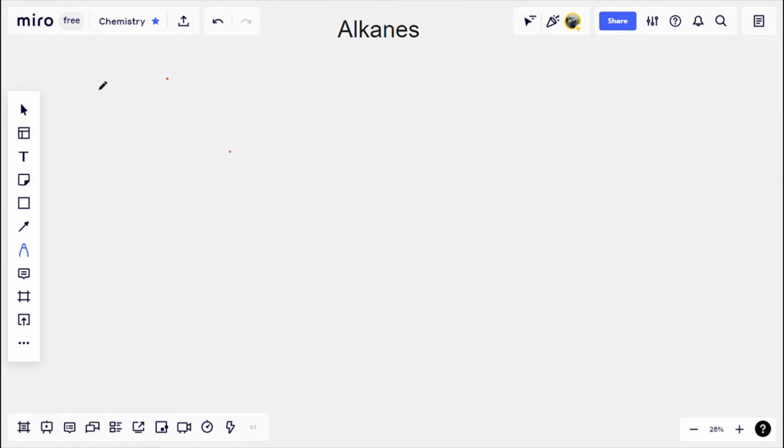Okay, so let's try to name all the alkanes. So the first one is CH4, and it is methane. The second one is C2H6, according to the formula, CnH2n plus 2, H6, and it is ethane.